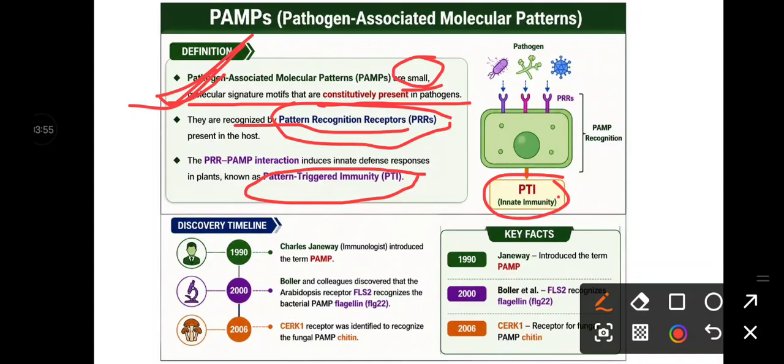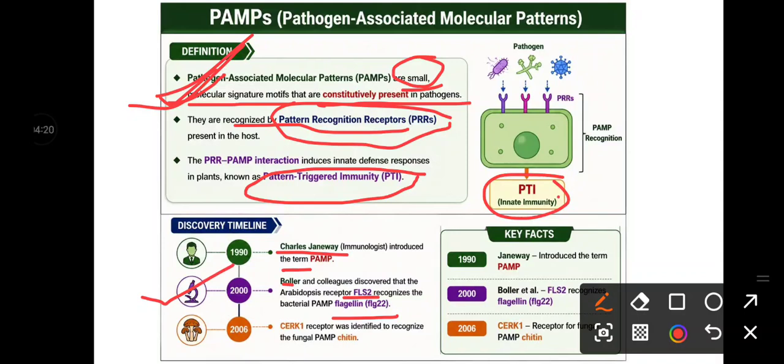So first, about the discovery. The PAMP term was introduced by Charles Janeway in 1990. Then Boller and colleagues discovered that the Arabidopsis receptor FLS2 recognizes the bacterial PAMP flagellin FLG22.